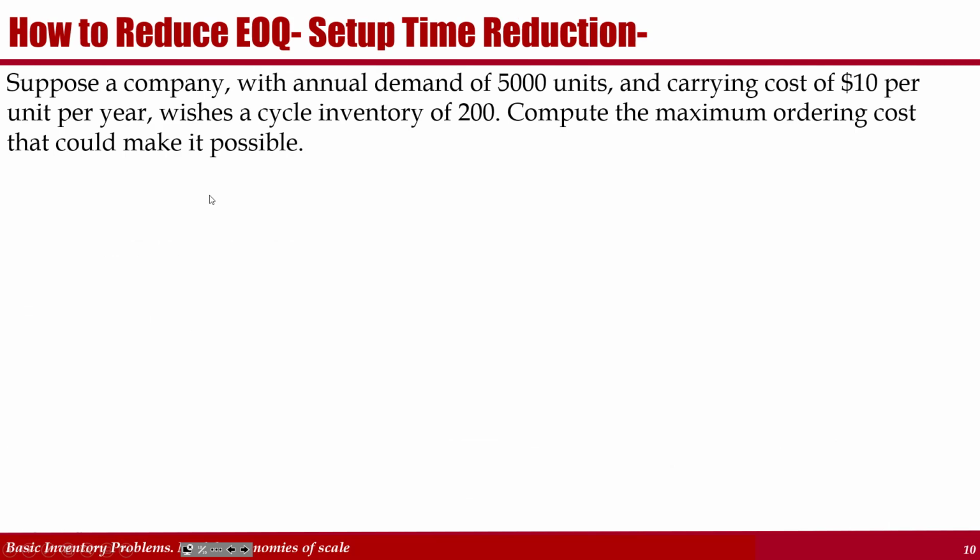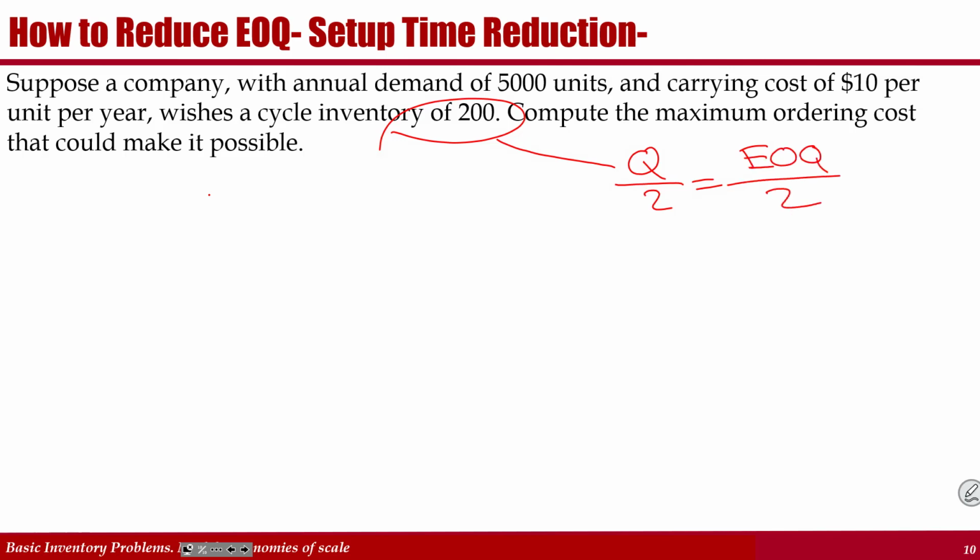For a simple example, we have the demand, we have all the data that we need. We want our cycle inventory to be 200, that is Q divided by 2, or that is EOQ divided by 2. We want an EOQ equal to 400.